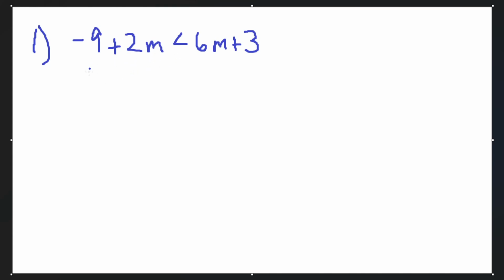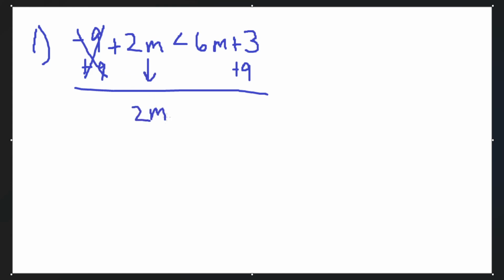So in this case, I think I'm going to add 9 to both sides. If we add 9, it cancels out the -9, bring down the 2m. 2m less than 6m, 3 plus 9 is 12. And then here we could either subtract 2m or subtract 6m.